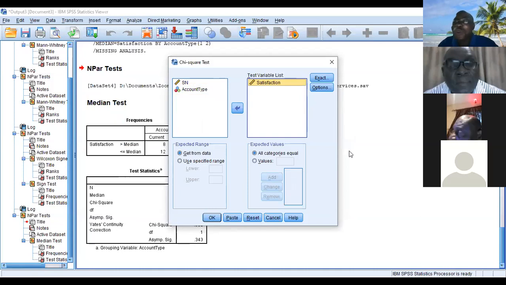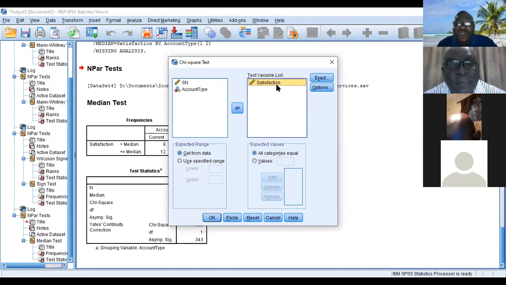This one we use for goodness of fit. You remember? Prof, were you around for the training on the chi-square and the odds ratio stuff? Yes. Okay, you are around now. You remember, this is what we use if you want to do goodness of fit.